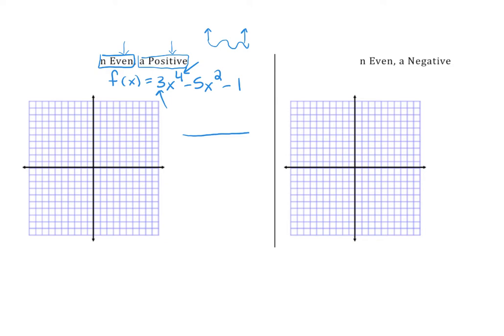So the idea is if I have a fourth degree, I know I'm going to have a graph like this. It's going to touch the x-axis a maximum of 4 times. It can't touch it more than 4 times. It can touch it less than 4 times.